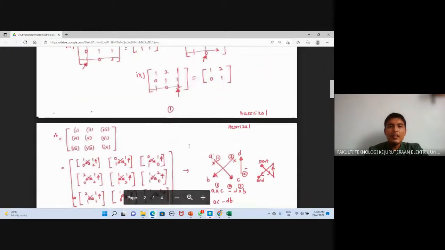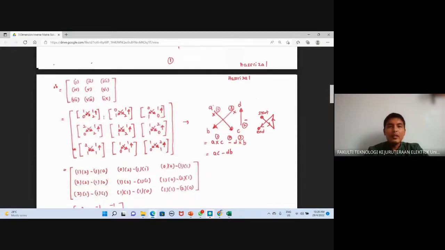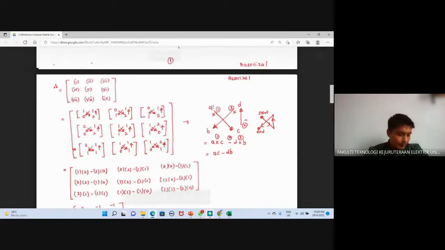After that, you arrange everything here: 1, 2, 3, 4, 5, 6, 7, 8, 9. And then put in all the remaining matrices you obtained. In order to find the value, you just need to remember this pattern.